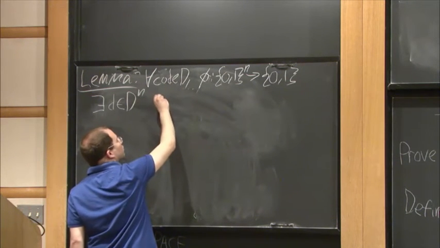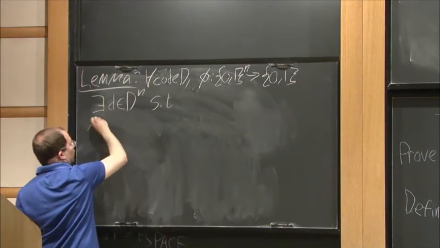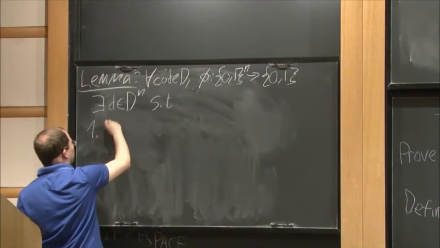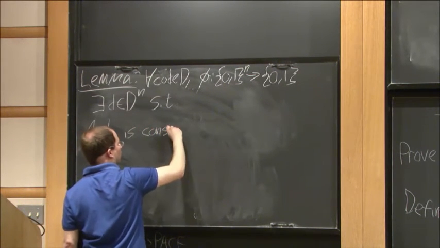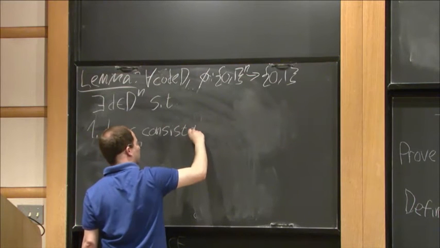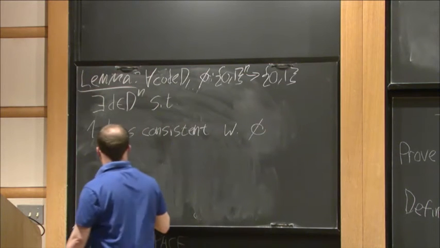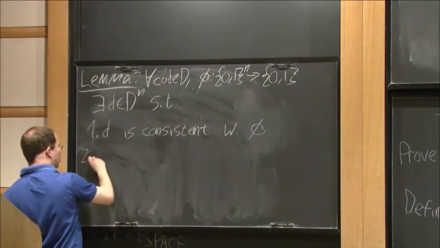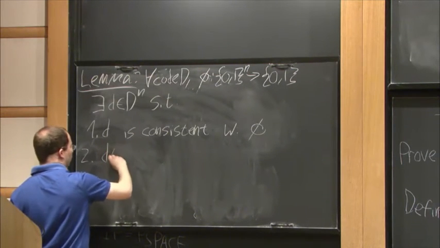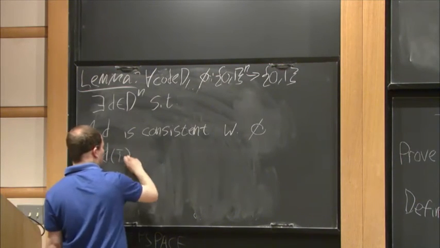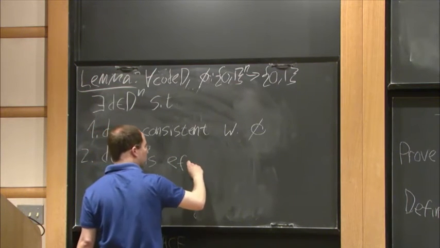such that one, d is consistent with phi. Two, d to the I bar is efficiently computable.